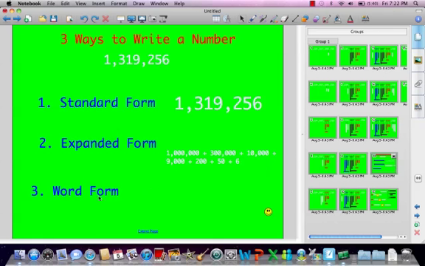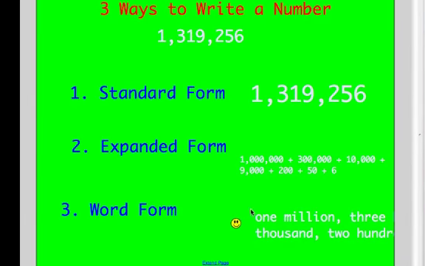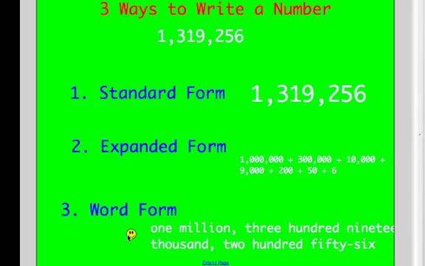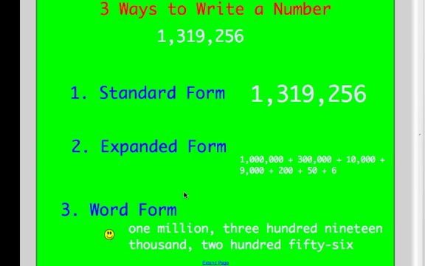And then the last one is word form, and you see this a lot on checks. So we have it written out in words, and a lot of math students, even the good math students, have trouble with word form because it's a lot more of an English lesson actually than it is a math lesson. And you can see here that the 2 things I really want to point out are the commas and the hyphens.